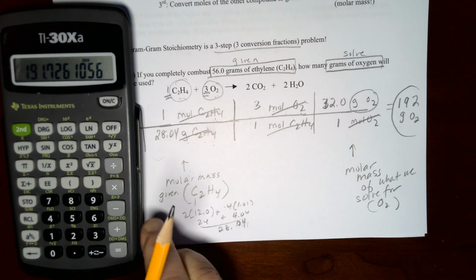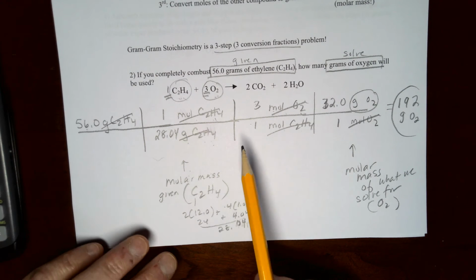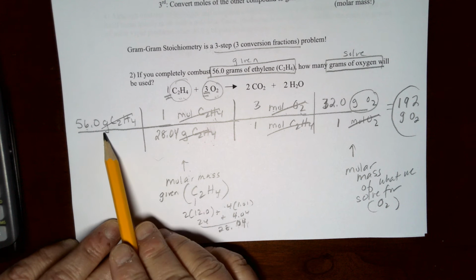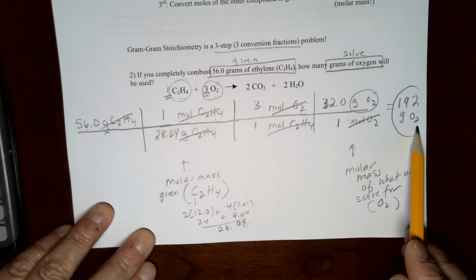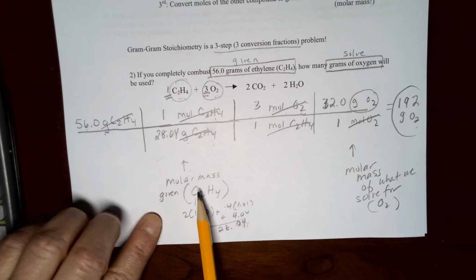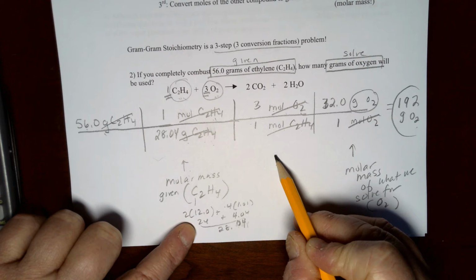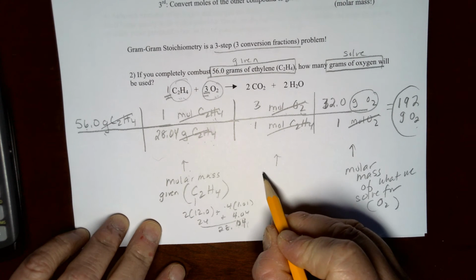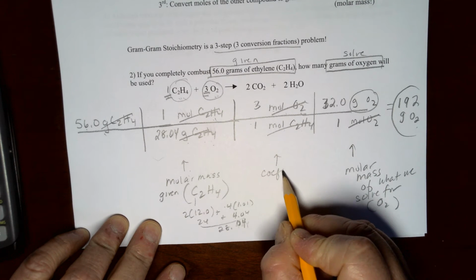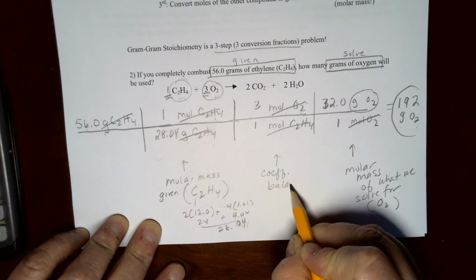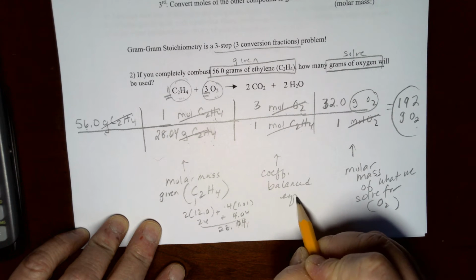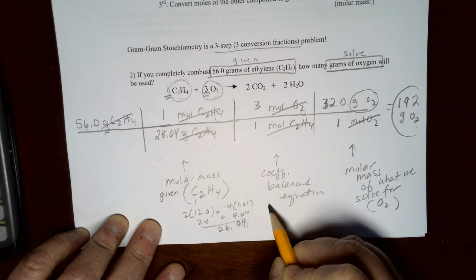There's your answer. So the 3-step stoichiometry problem, when you're going from grams of one substance to grams of a different substance: the first fraction is where you use the molar mass of the given substance. The second fraction is where you use the coefficients of the balanced equation, and basically it is a mole ratio.